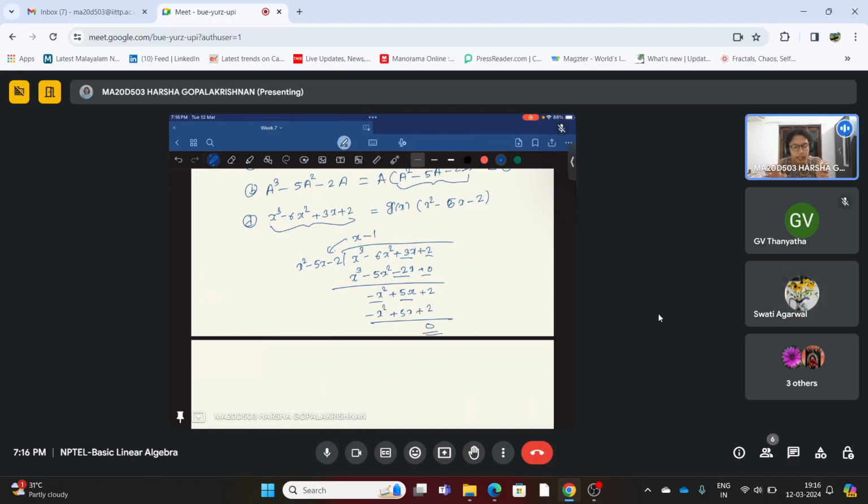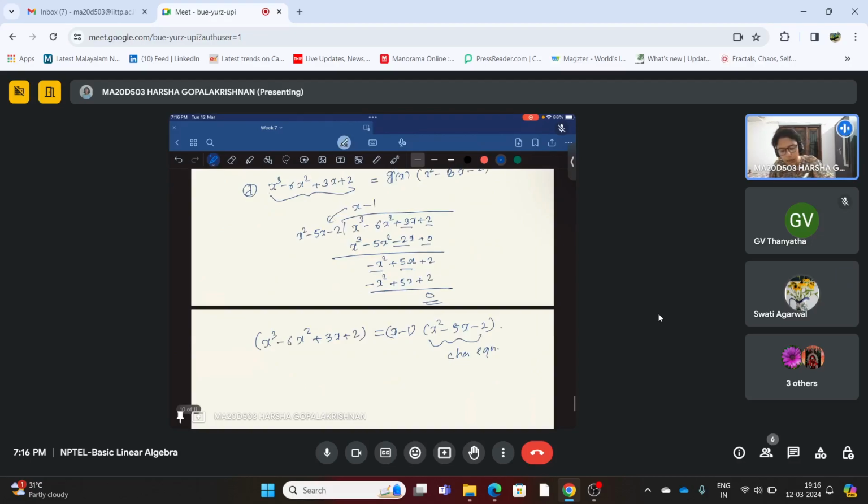Remainder is 0 means what we will write, just as the usual division: x cube minus 6x square plus 3x plus 2 is x minus 1 into x square minus 5x minus 2. Now this is our characteristic equation. Sorry, this is 5x minus 2.